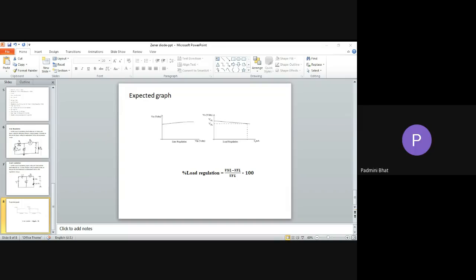The output voltage remains the same as long as the input voltage is maintained within the regulation range. Yeah, correct. That's correct.